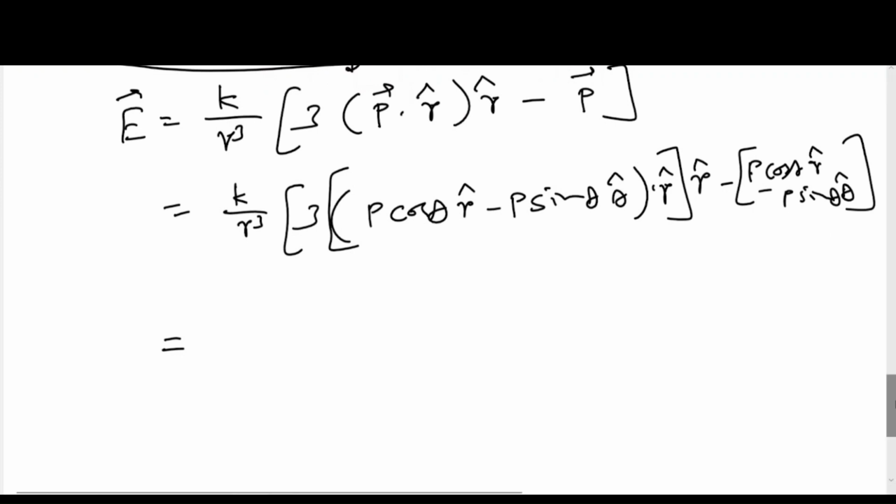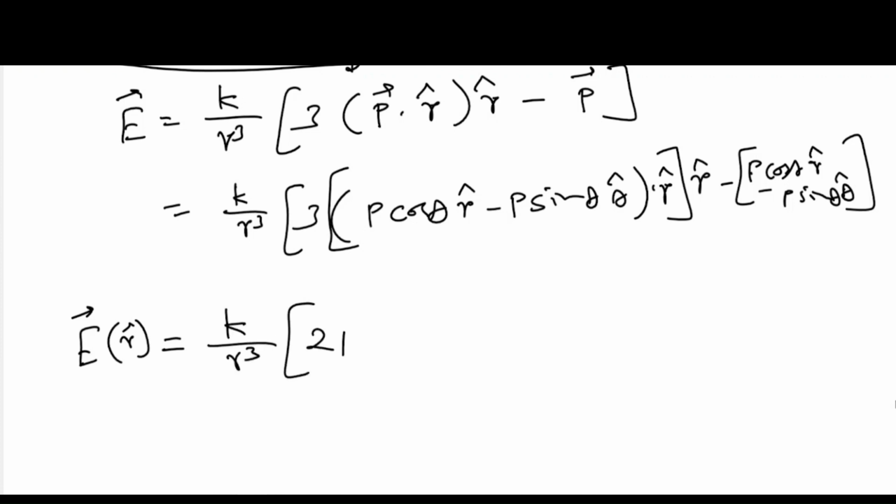Hence, once we simplify this, we will get E at position r to be k upon r cube times 2p cos theta r cap plus p sin theta theta cap, and hence those two expressions are equivalent.